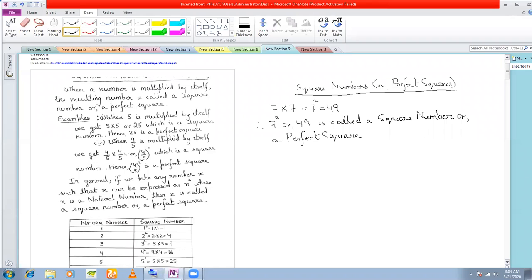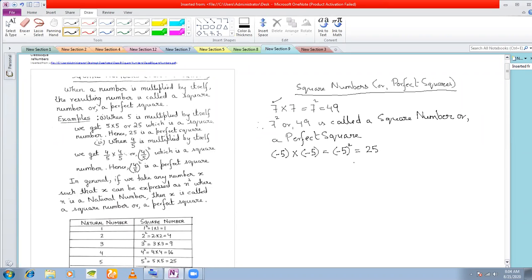Why only integers? Why only positive integers? I have taken the number 7. I can take a negative number also. Let us say minus 5 into minus 5. What do you get? You get minus 5 square, which is nothing but plus 25.